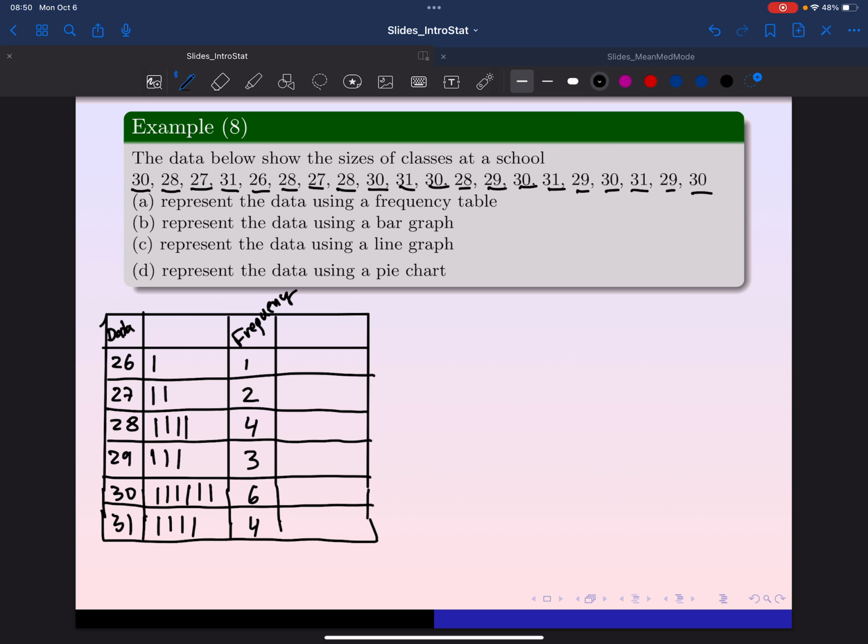So then here would be the total, and the total we should have is 20. So we have 4 and 6 is 10. Then we have 3 and 3 is 6, so 10. So indeed we have a total of 20.